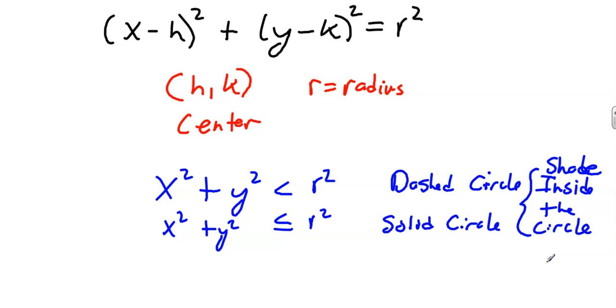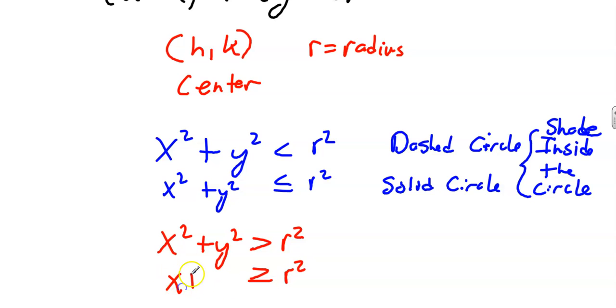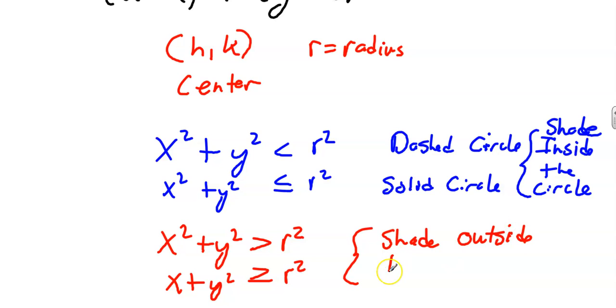On the flip side, if it's greater, again, the only difference is one's going to be dashed, one's going to be solid. But for these, you're going to shade outside the circle. Okay, everything else, we did some graphs of quadratics.